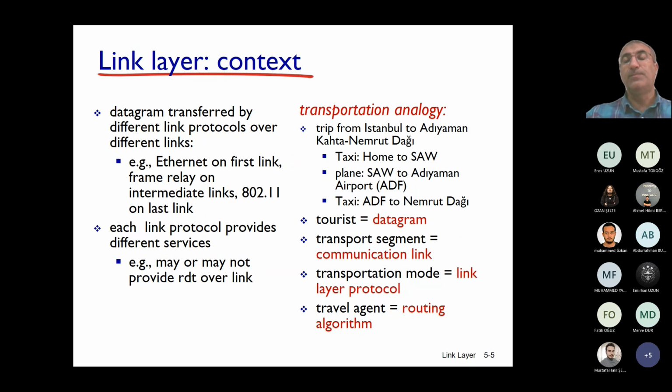Let's look at this transfer of the frame, let's call it frame or datagram, and how this is achieved at this layer or the network layer as well. The datagram can be transferred by different link protocols over different links. So when you talk to, let's say, your mother or your father over the internet, this connection may go through different links in practice.